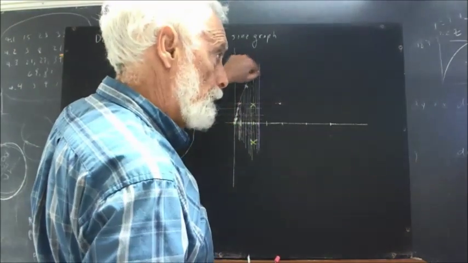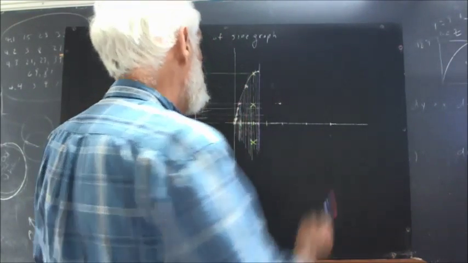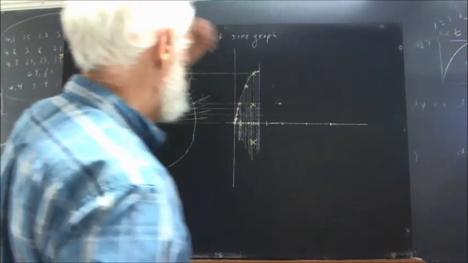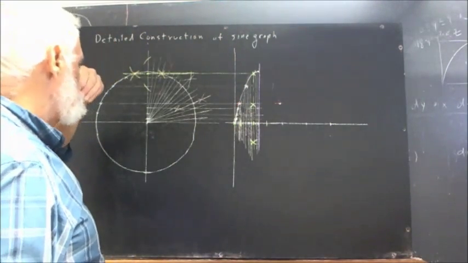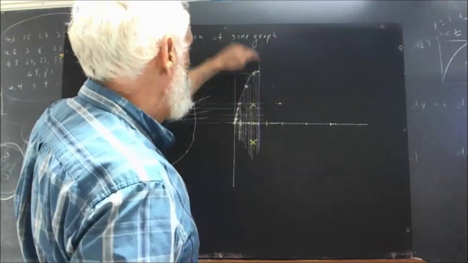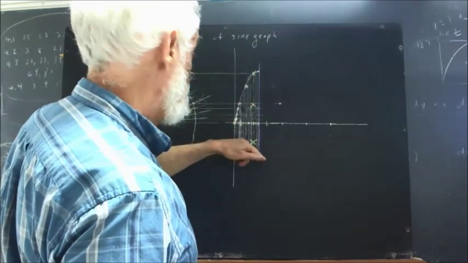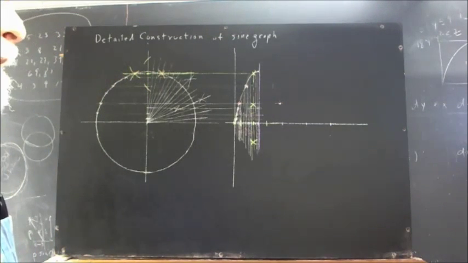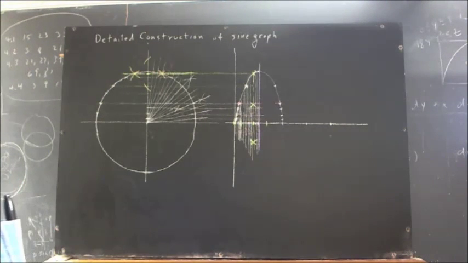And we can do the same thing for every one of these points so that we get a set of points here that are completely symmetric with respect to this line, to the corresponding points over here.